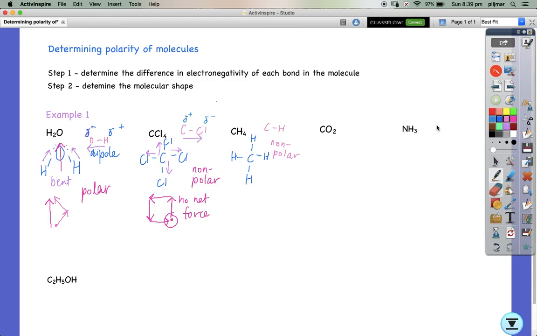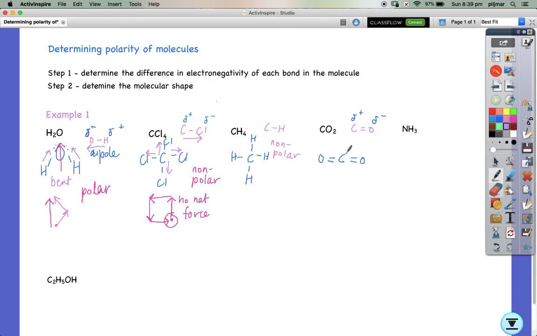Then we're going to move on to carbon dioxide, which is the carbon atom with two double bonds and the oxygen atoms on either side. The carbon to oxygen bond is also polar. So the carbon is delta positive, and the oxygen is delta negative, being the more electronegative atom.